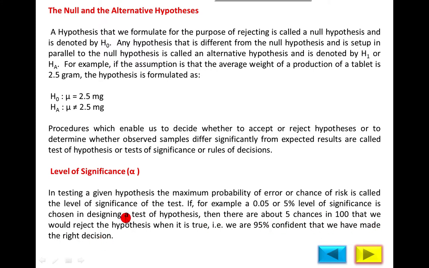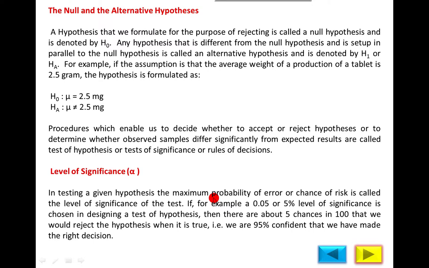So, in testing of hypothesis, we choose different levels of significance depending on the requirement. In the field of mathematical sciences, we choose 5% or 1% level of significance. Level of significance is called probability of error.